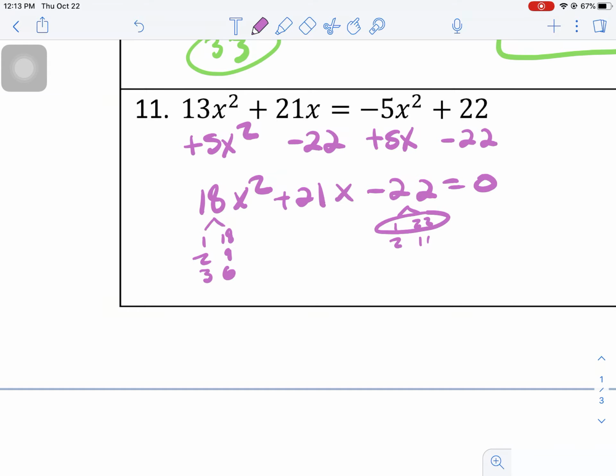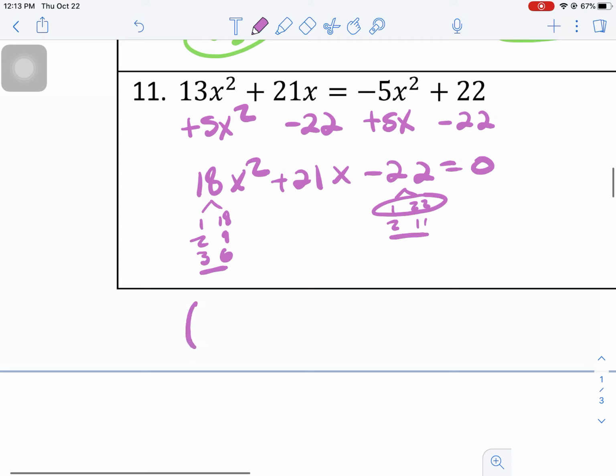I kind of like 2 and 11 with 3 and 6, so I'm going to start there. 3x, 6x, negative at the end, positive in the middle means plus and minus. I'm going to put the plus here, the minus here, right, because we want the bigger number to be positive.